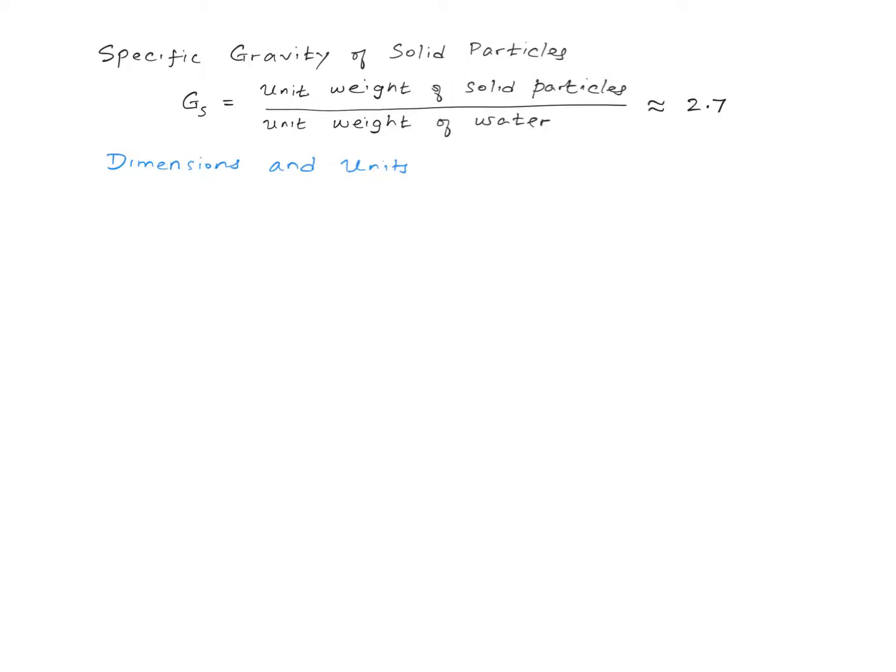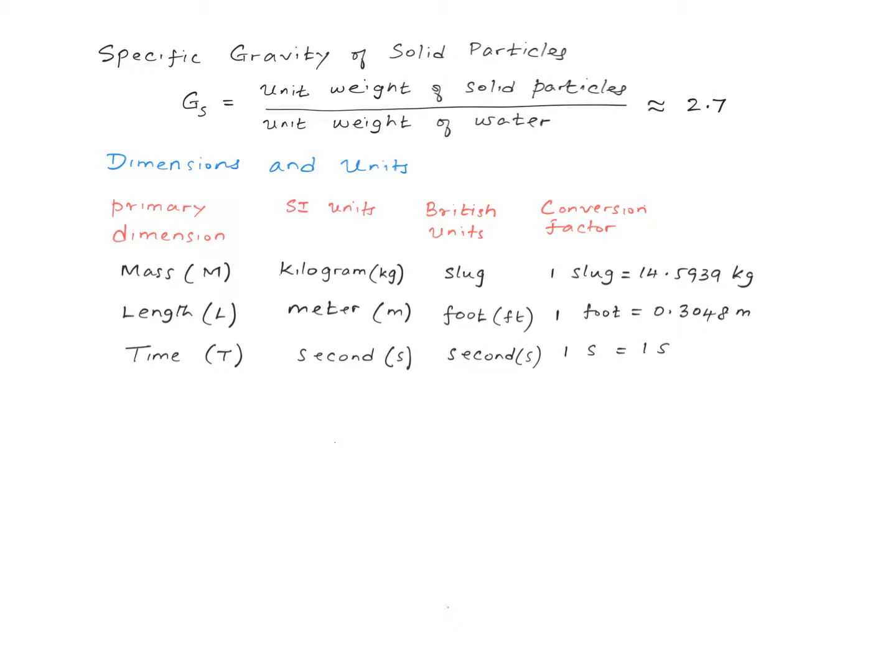Next, let me talk a little bit about dimensions and units that are relevant to what we want to do here. The primary dimensions that are relevant to soil mechanics are mass, length, and time. There are two systems of units, SI units and British units. The British units, also sometimes called English units or US customary units, but I'll refer to that as British units here.